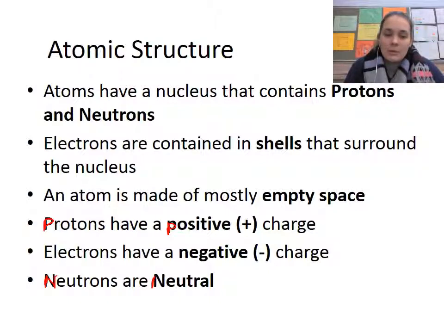And then to help me remember that my electrons are negative, I like to think of electrons like electricity, electron, electricity, and that they are negative. No one wants to get an electric shock.